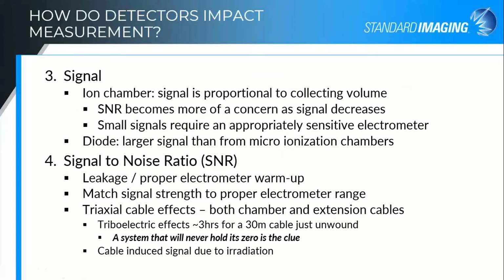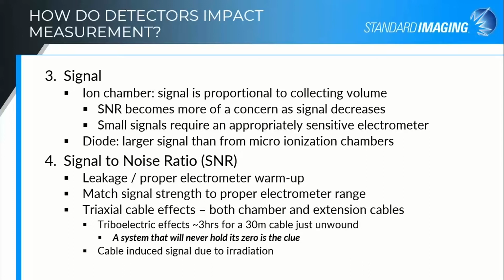Third way that detectors impact measurement is your signal level. So ion chambers have a signal that is proportional to the collecting volume, which means that as you decrease the volume, your signal level decreases as well, regardless of the actual output of your machine.